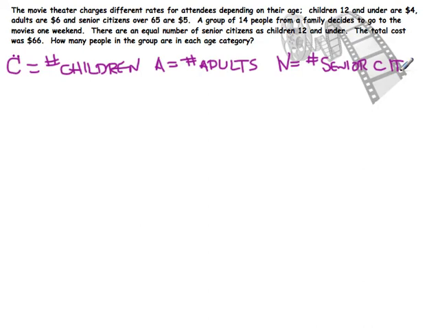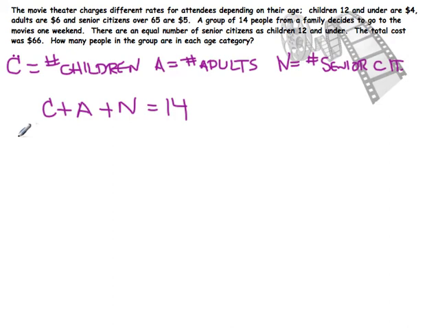Now I'm going to write my three equations. First of all, it says there are 14 people total going to this movie. So I know that the number of children plus the number of adults plus the number of senior citizens has to be 14. They said it also costs $66.